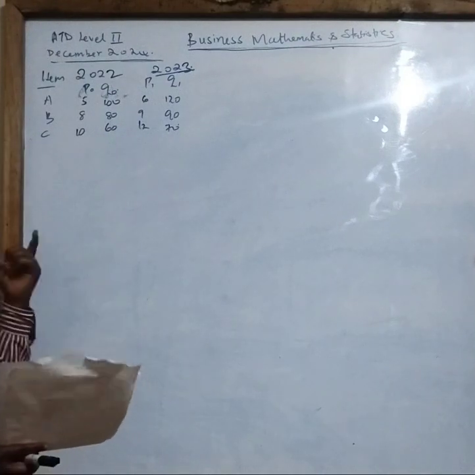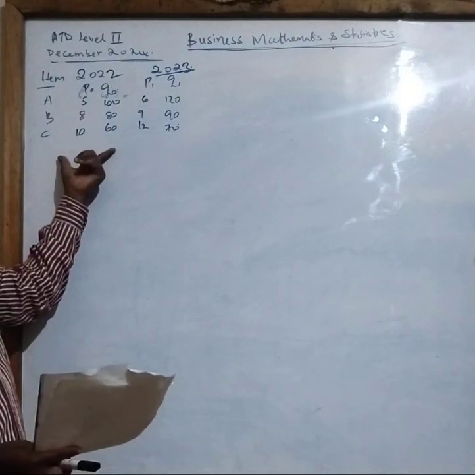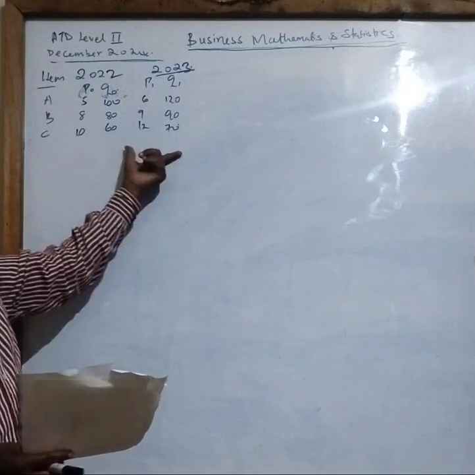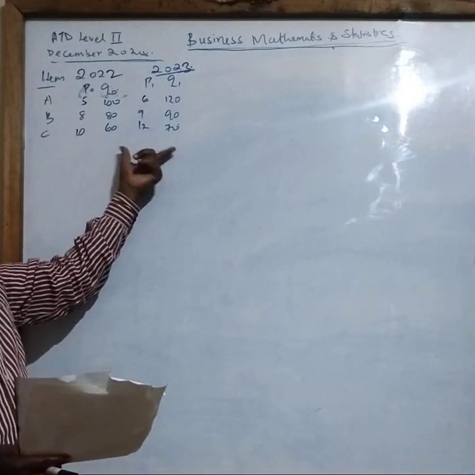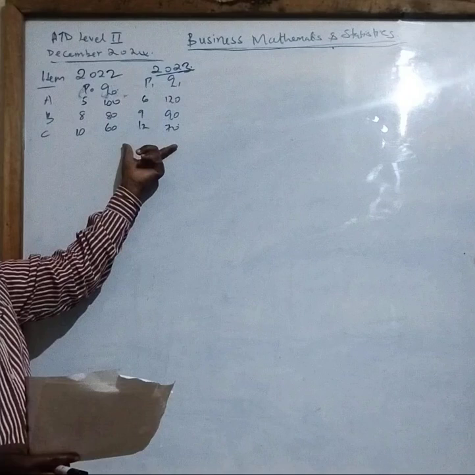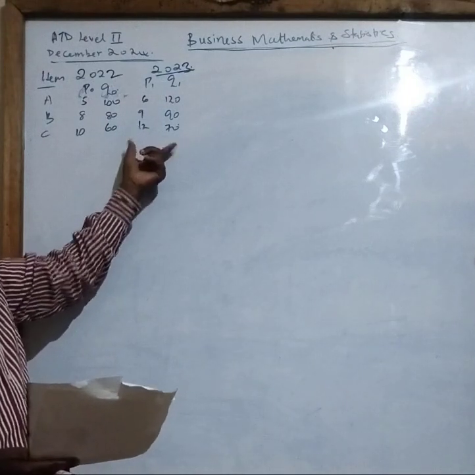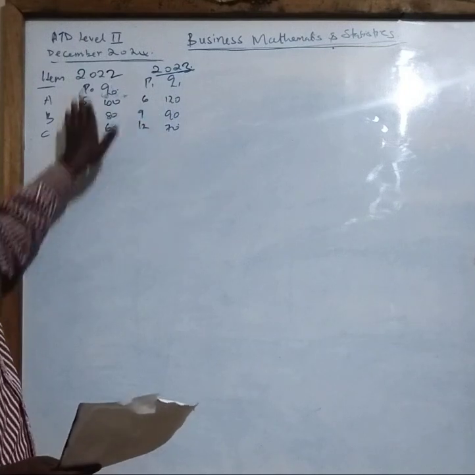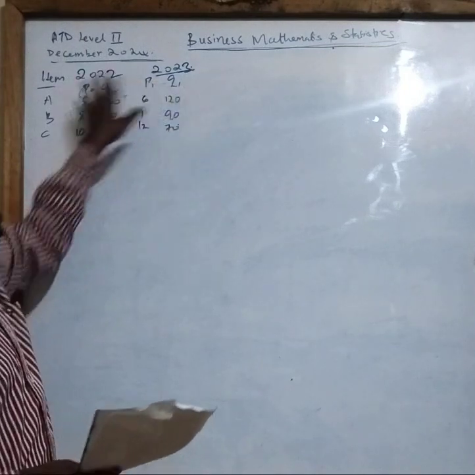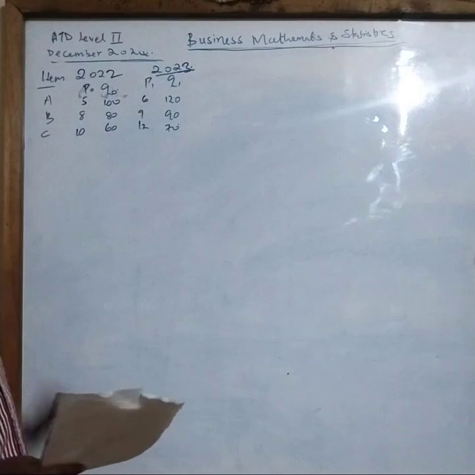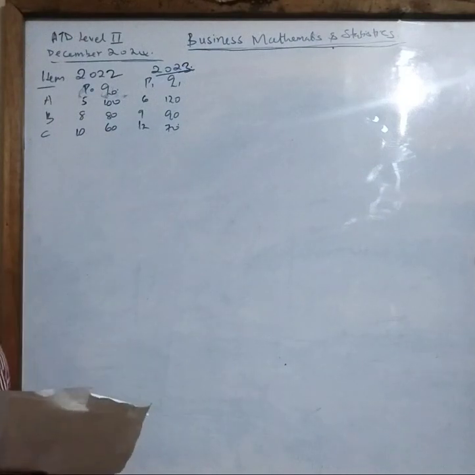So in this case, you want to compare whether the price index has increased or not. Or we can also compare the quantity index, whether there is any change in the quantity index or not. So you can see we have the quantity and we have also the price, meaning that these indices are measuring the relationship between the price and the quantity.